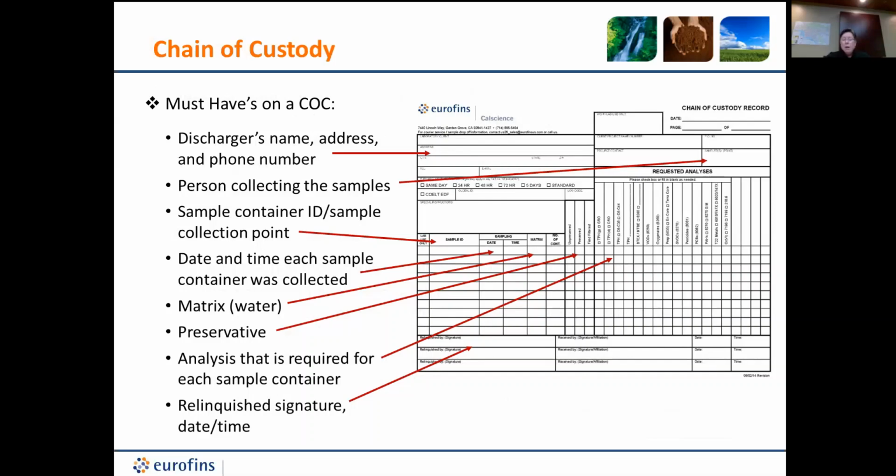There may or may not be, could be preserved, unpreserved, what type of preservative, the analysis that is required for each sample container. And you always, always, always, when you drop samples off, want to make sure that you sign and date that COC when you leave it at the lab, that the lab then receives, signs and dates that COC at the same time, and that you get a copy of that. There will be a copy of it in your report, but you're going to want to take a copy with you to make sure that it's all done correctly.